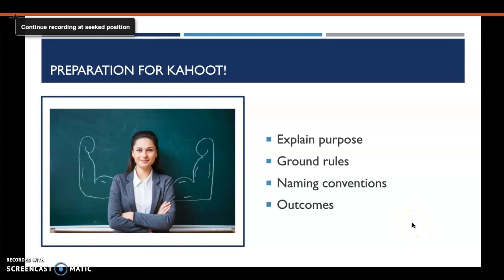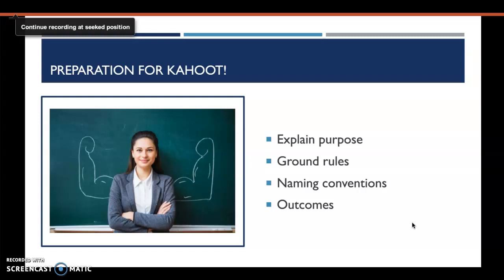Okay, so Kahoot. This is really important. Kahoot is one of those games where students can get very involved, very upset, very everything. So it's really important that you set clear, specific ground rules. No making fun of people.